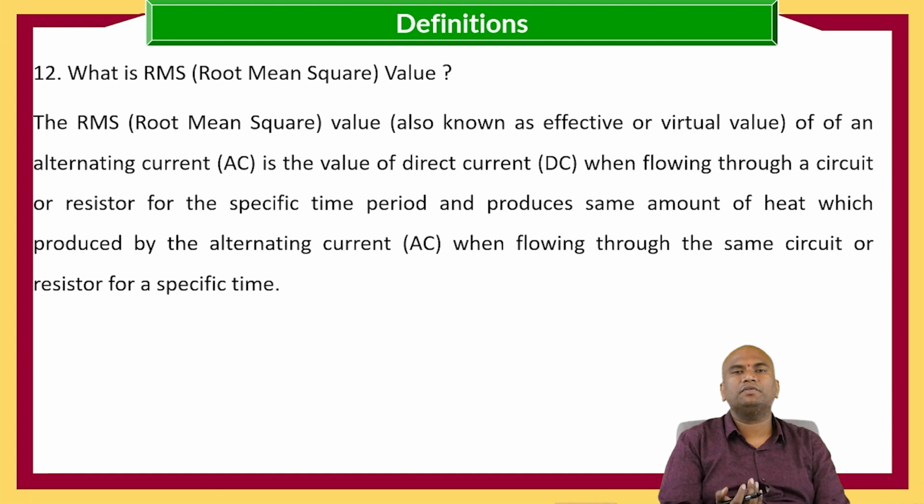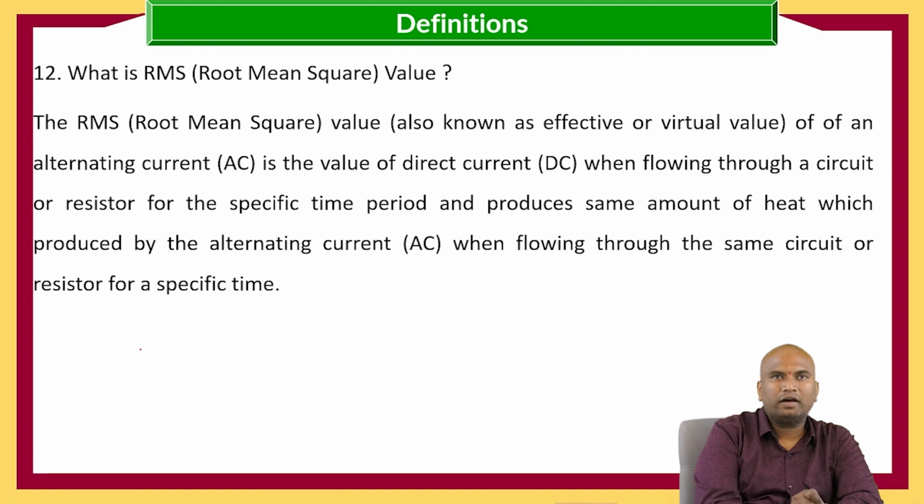For an alternating waveform, we cannot give a particular value, so the value corresponding to the DC is calculated, which is the root mean square value. That value is constant throughout the time the voltage is available.